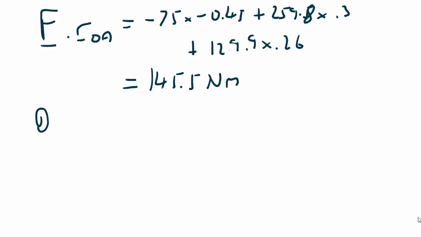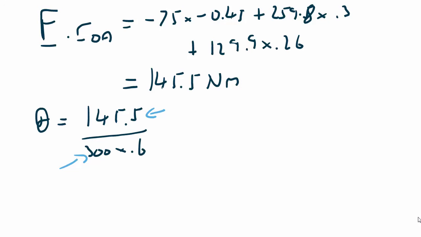I can then find my angle, theta, because I can say it's 145.5 divided by 300. So we've got the dot product on the top, we've got the force we were given, and we're going to times it by the distance, the r as a magnitude, length of line ROA if you like, and that will give us, no, that will give us nothing because I haven't put inverse cosine in. So that will give us 36.1 degrees.